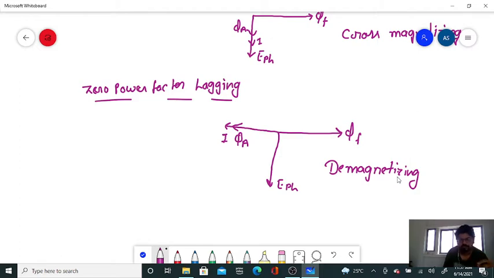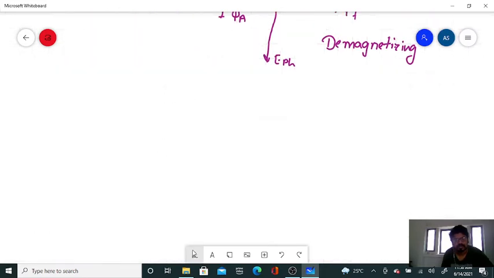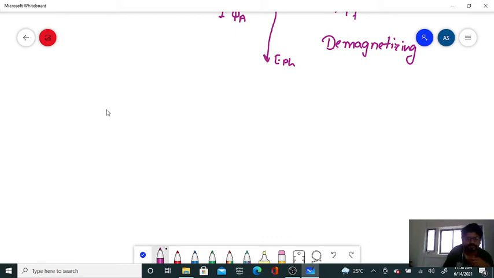So what happens if the load is zero power factor leading? Please try. If the load is zero power factor leading, what will happen?